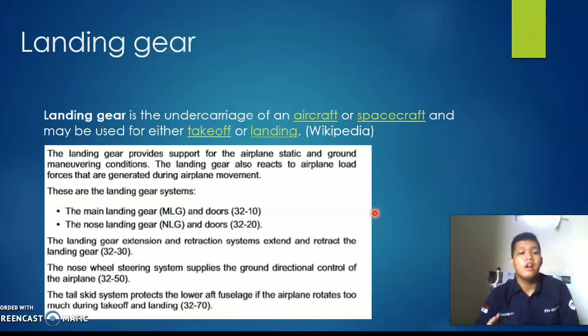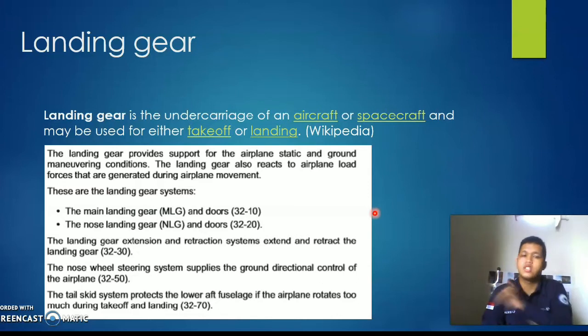The landing gear provides support for the airplane in static and ground maneuvering conditions. The landing gear also reacts to airplane load forces that are generated during airplane movement. This is the description of landing gear from the AMM 737 series.